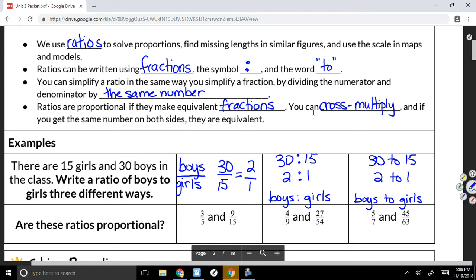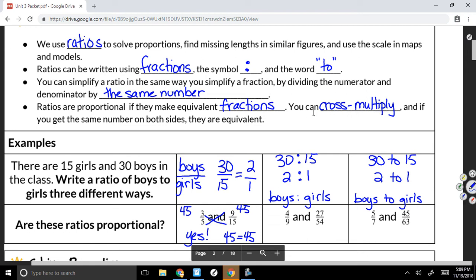If I cross multiply, I'm going to connect the 3 to the 15 and the 9 to the 5 and figure out what I get when I multiply those numbers that are connected together. So 3 times 15 equals 45, and 9 times 5 equals 45. Since I got the same exact number, that means that I do have a proportionate ratio, because 45 equals 45.